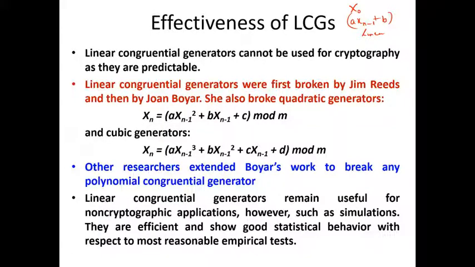Initial seed. It is the initial seed value. Please remember the terms. X naught was considered as the representation for the initial seed value. So this is supposed to be the starting value or the seed value which we specified.